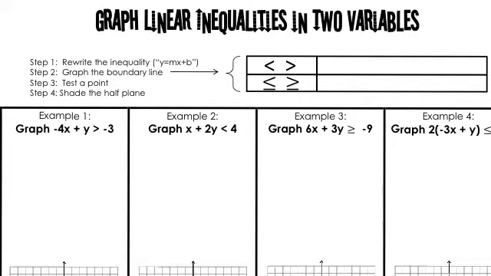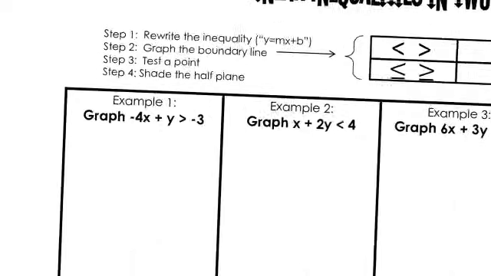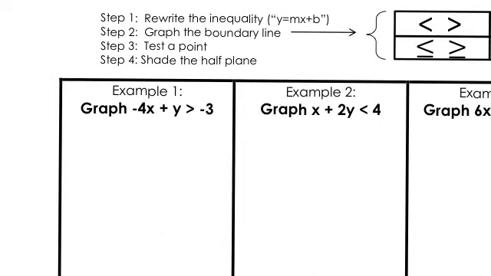And so in example one here, you can see in order to get y by itself, I need to add 4x to both sides. And then there's no coefficient of y, so there's nothing to divide through by.